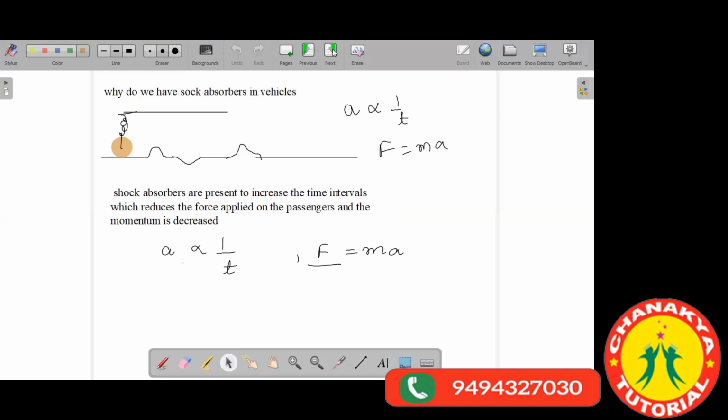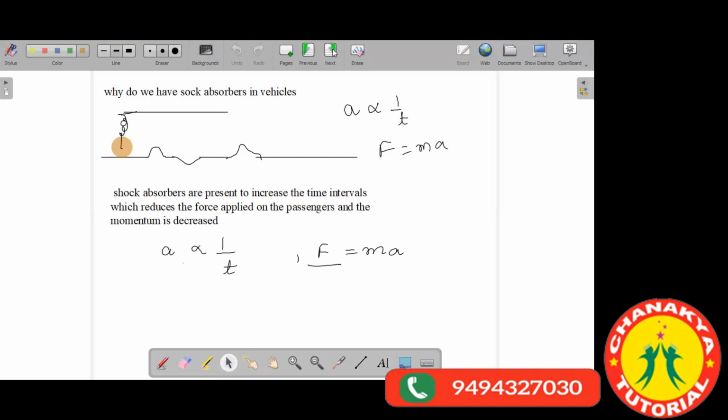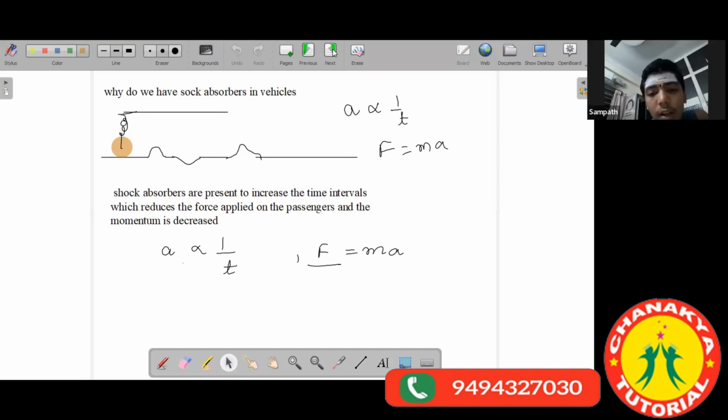Sir, I have one doubt. In one worksheet, it's given: which law of motion expresses the measure of force? Okay.